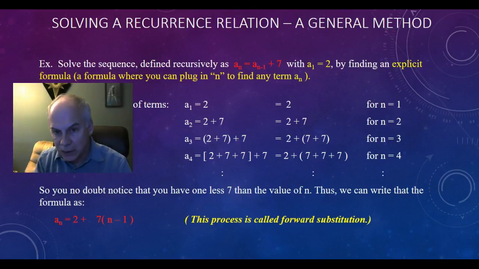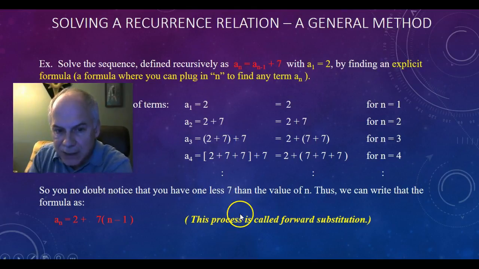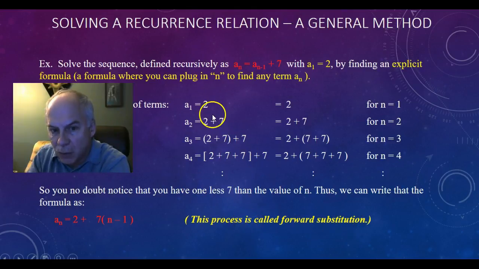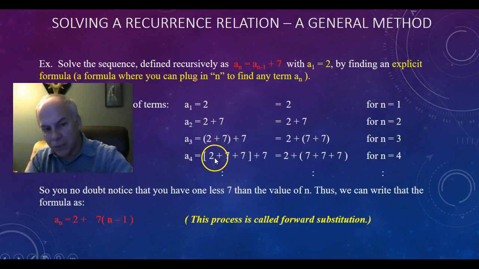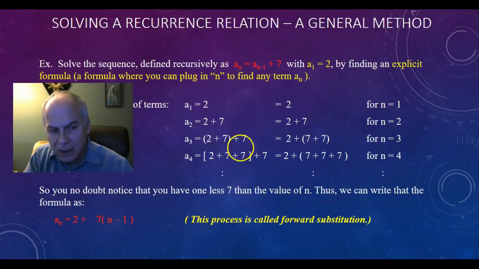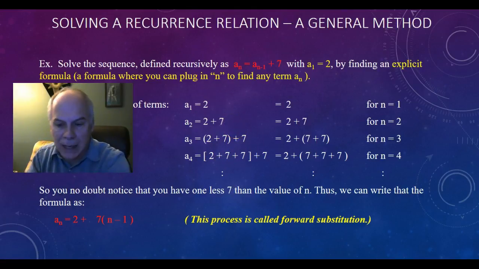So that's another way you could write that expression. But this process that we just did is called forward substitution. Forward because we're starting with 1 and going on upward, so it's in a forward direction. The previous slide was more of a backward substitution by plugging in formulas for the previous terms.